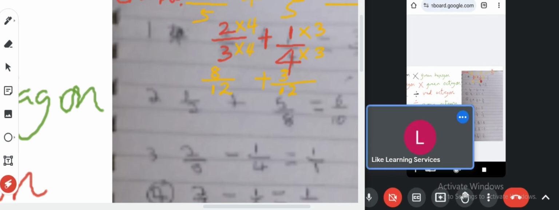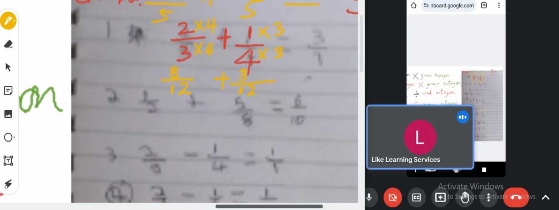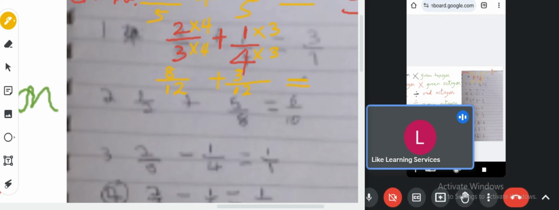Do they have the same denominator now? Yes. So what do I do? Now they have the same denominator, I can now go on with my working. They have the same denominator, 12, 12. What should I write here? If you have the same denominator, it's 12. I write that denominator 12. So I can now just add the numerators or subtract the numerators.